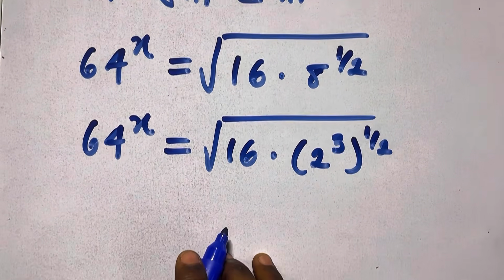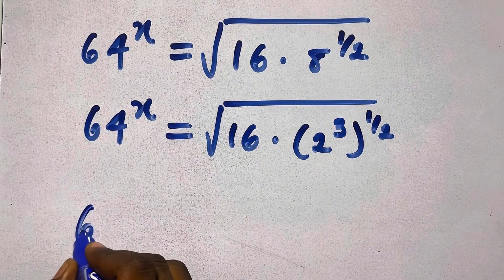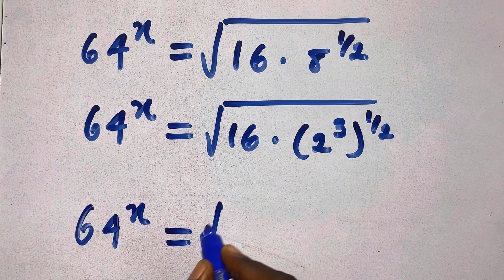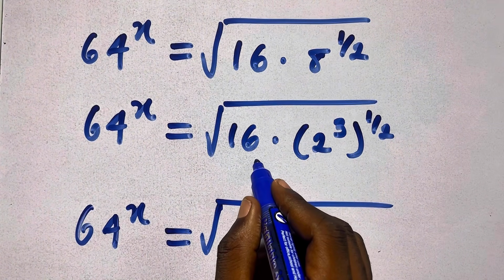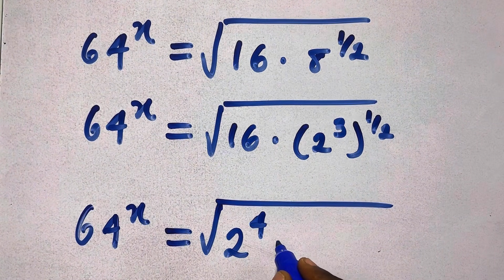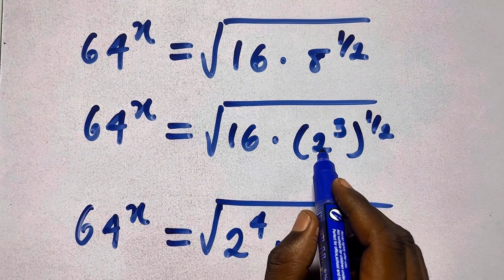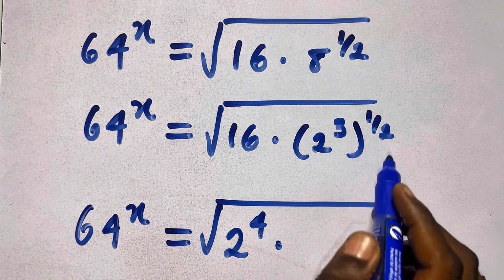Okay, we're getting there. Also, let's express 16 as the power of 2. So we have 64 raised to power x equals square root of 2 raised to power 4, which gives us 16, multiplied by, this is the power of a power law of indices. When a number with a certain power is again raised to another power, the powers are multiplied.